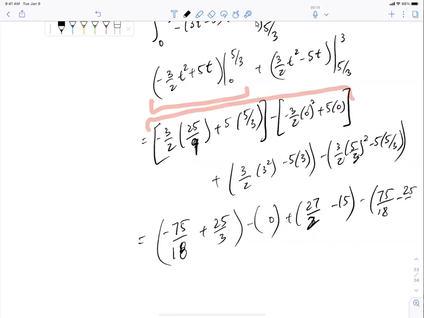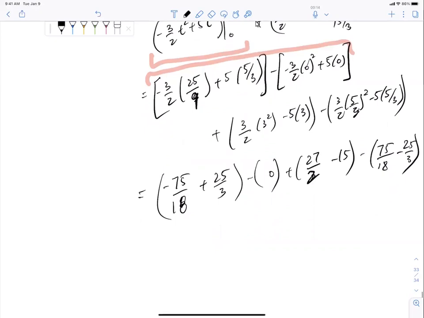Minus 25/3. So negative 75/18 and negative 75/18 is negative 75/9. Negative 25/3 and positive 25/3 is 50/3. And then we have minus 50.